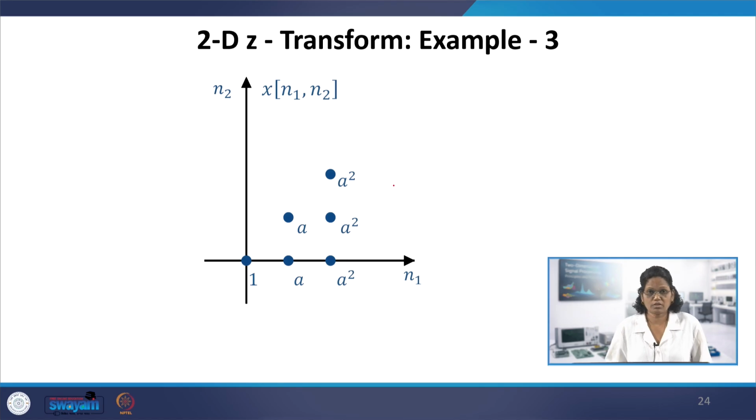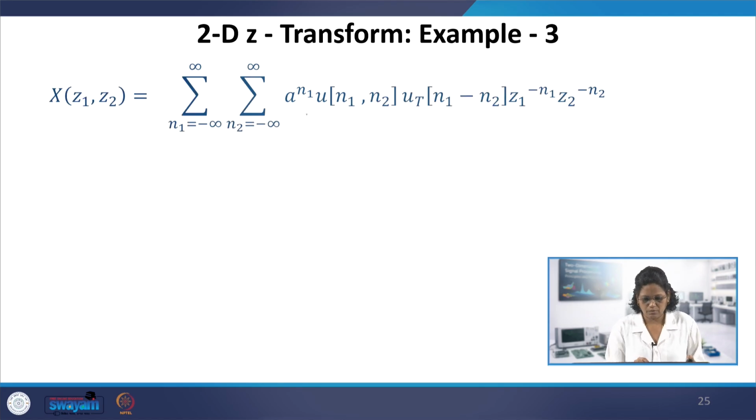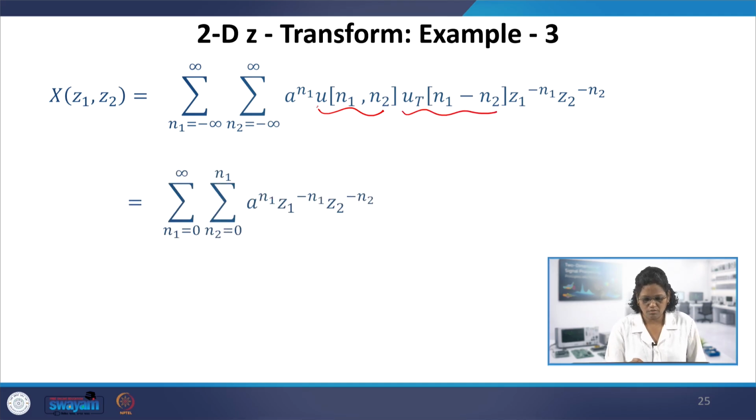For this sequence, what is the Z transform? So a power n1, u of n1 comma n2, u of n1 minus n2, z1 power minus n1 and so on. So we just write that this is 1 and this is also 1 for certain values. Now from the sequence we have plotted, n1 is varying from 0 to infinity, that's fine, but n2 varies depending on the values of n1 only, that is from 0 to n1. See, the limit which is changed here depends on the sequence x of n1 comma n2.